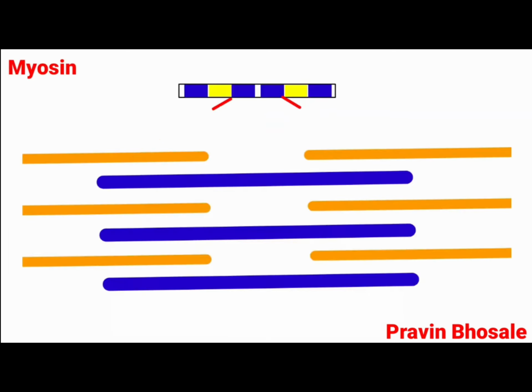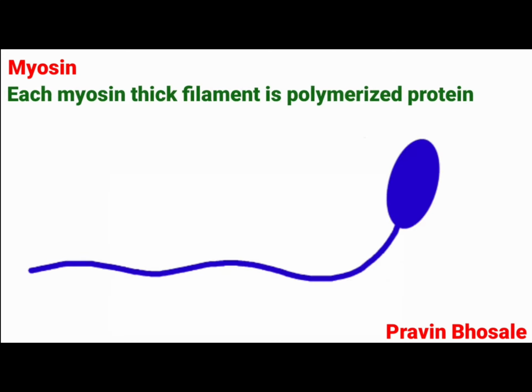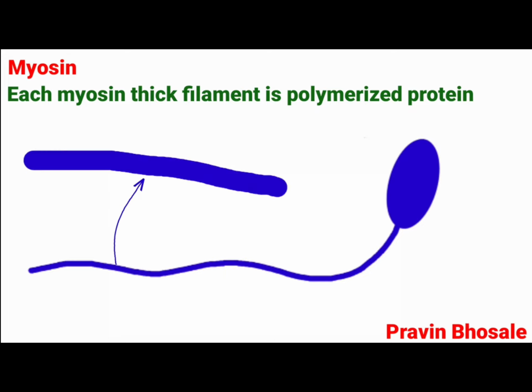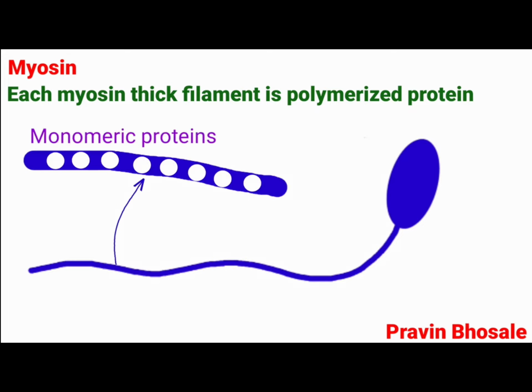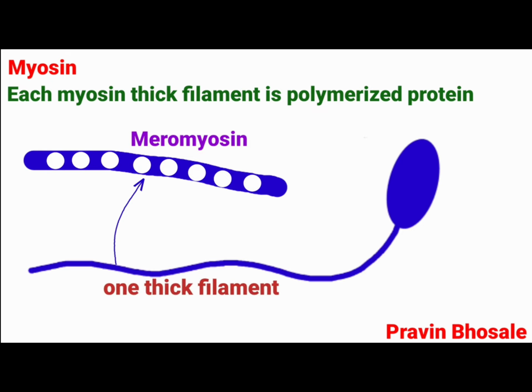Myosin is a thick dark band. Each myosin filament, the thick filament, is a polymerized protein. Many monomeric proteins called meromyosin constitute one thick filament.